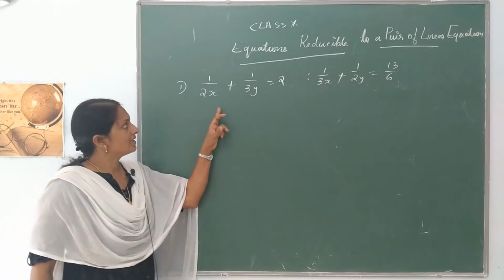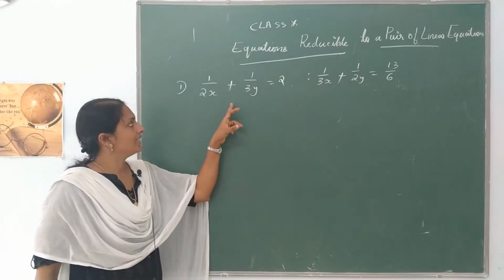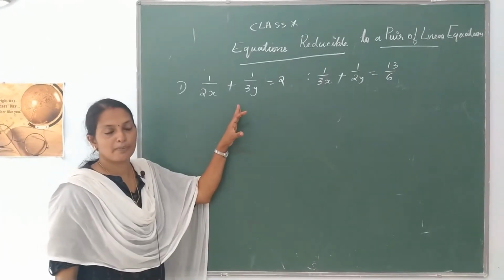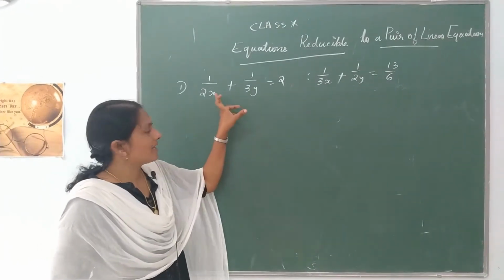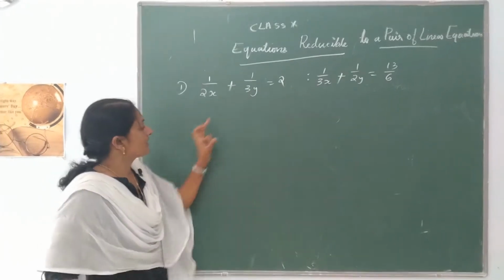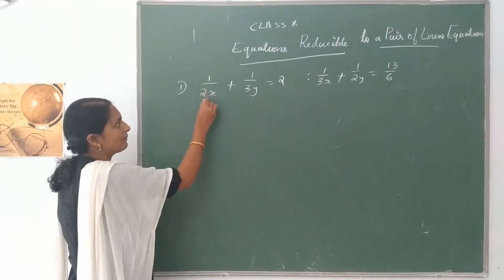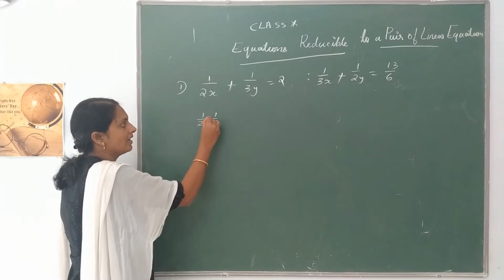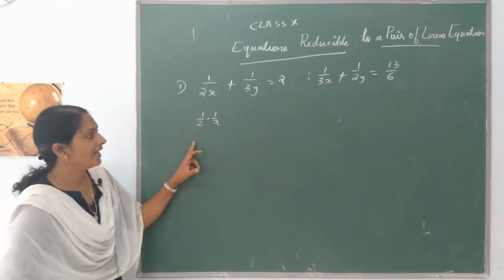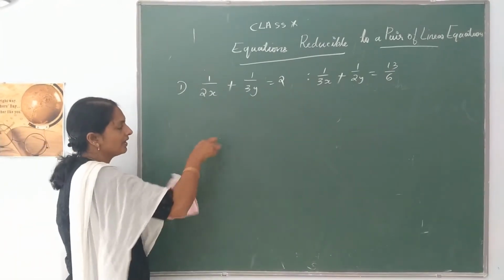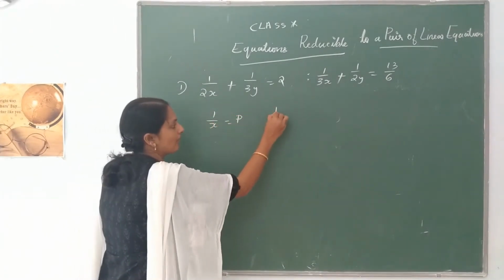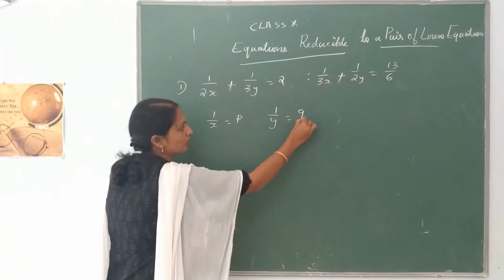Given this is not linear, we will convert it into a pair of linear equations. This is a fractional form, therefore you know that 1 by 2x is 1 by 2 into 1 by x. Then we will take 1 by x as p and 1 by y as q.